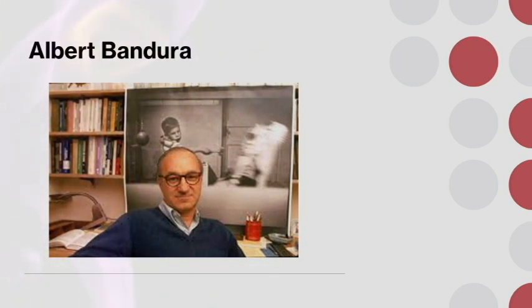Now let's take a look at Albert Bandura. Albert Bandura was born in 1925 in Mundare, Alberta, Canada. And as a psychologist, he really contributed to social learning theory and the development of concepts of self-efficacy.